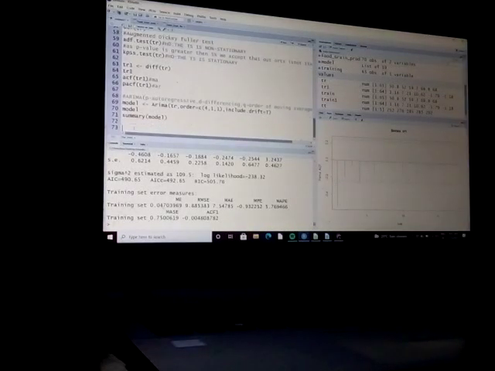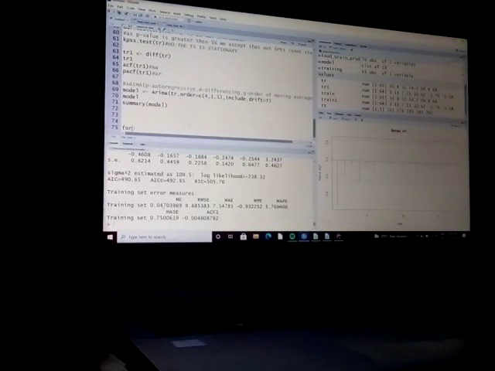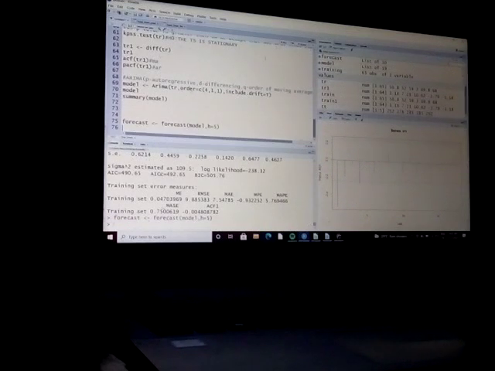Okay, so now we will forecast. The forecast uses the model we have built, and h is 5, meaning how many steps ahead, 5 steps, 10 steps.